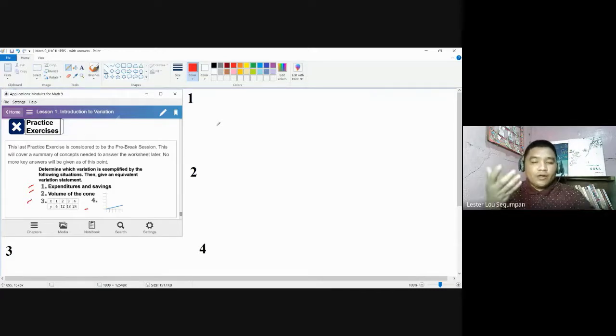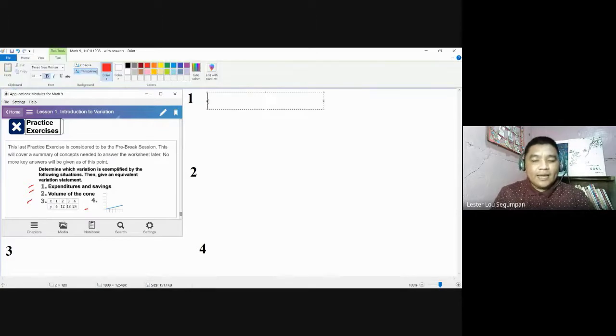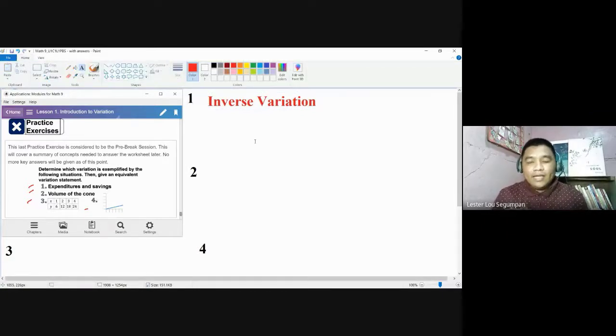So the weight for expenditures and savings go in opposite directions. So for number one, this is an example of an inverse variation. Again, inverse variation because one goes up, the other goes down, and the other way around as well.